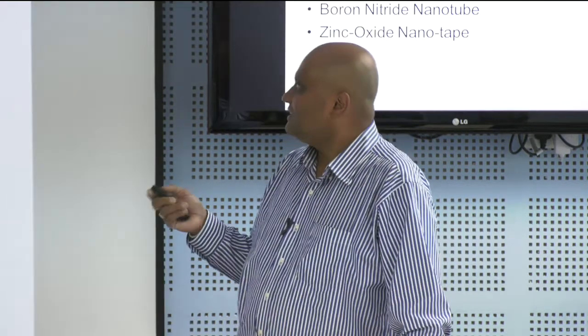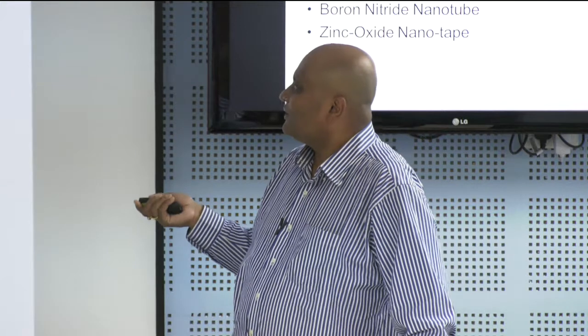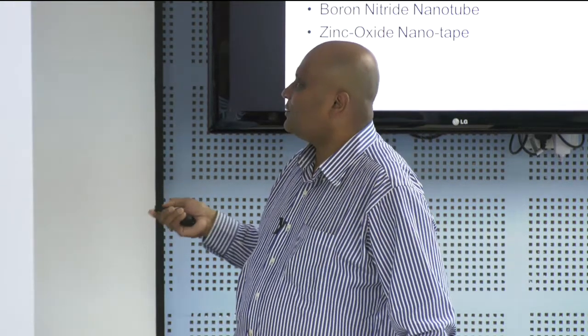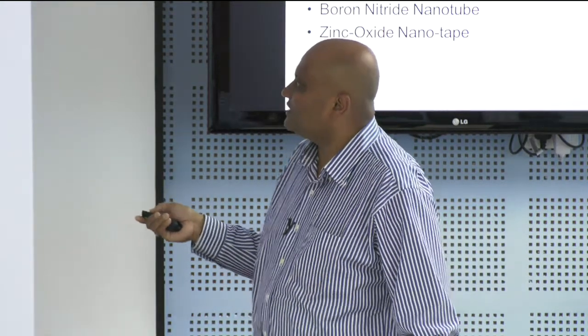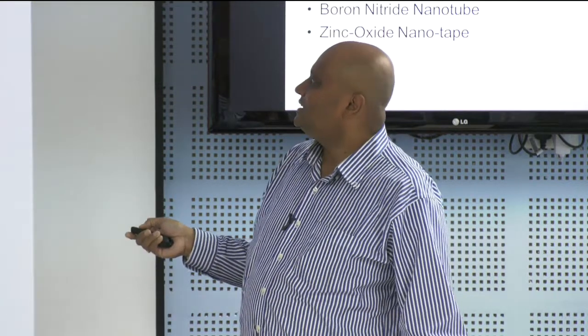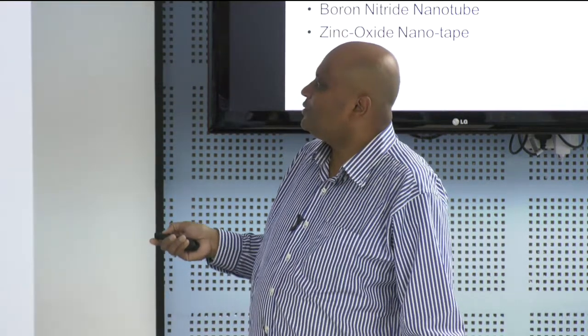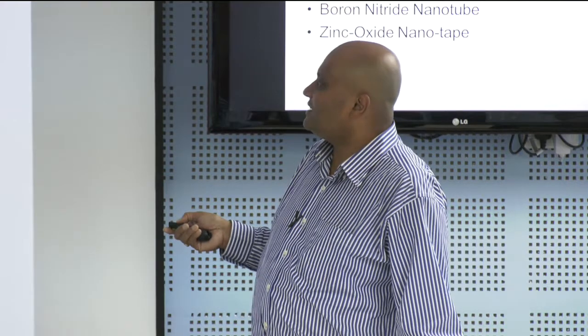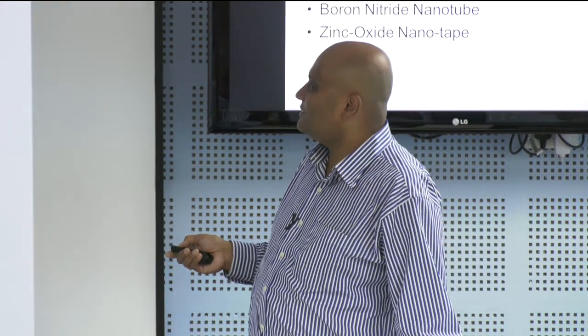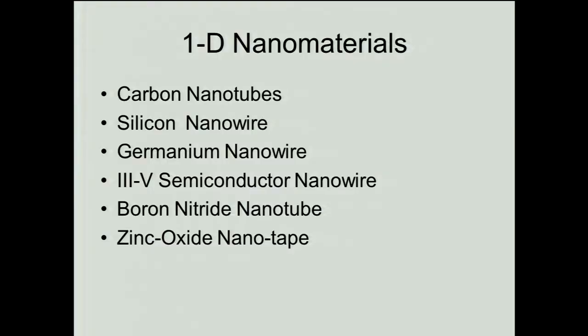We would now talk about our one dimensional nanomaterials. We will talk about carbon nanotube, where most of my research has been. Then we would talk about two of the elemental semiconductor nanowires, silicon and germanium, primarily silicon, a little bit of germanium.